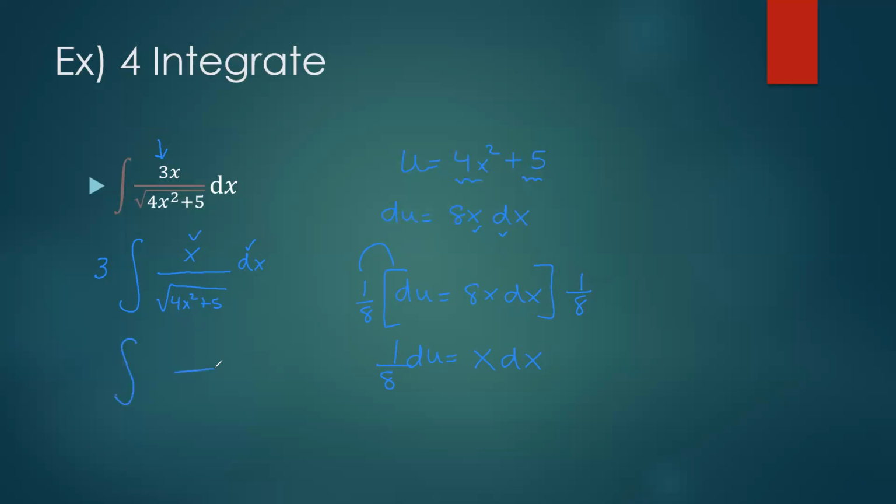So on the bottom, this would be square root of u. And then, don't forget there's a 3 here. Then you're going to replace x dx with 1/8 du. Okay.